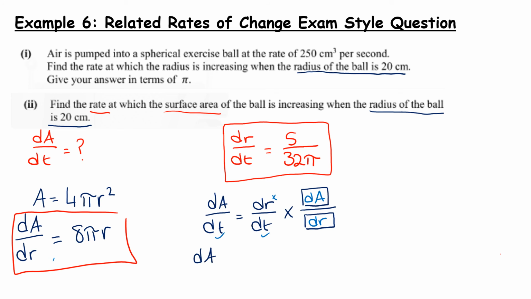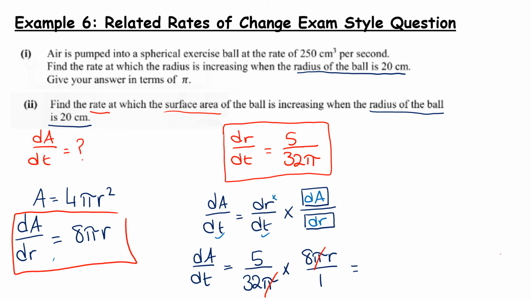So dA/dt, the thing I want, the rate at which the surface area is changing, is dr/dt, which we've worked out, 5 over 32 pi, multiplied by dA/dr, 8 pi r. If you want, you can put that over 1 to make it easier. The pi's cancel.